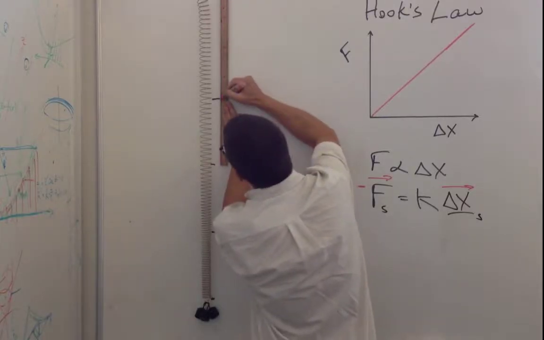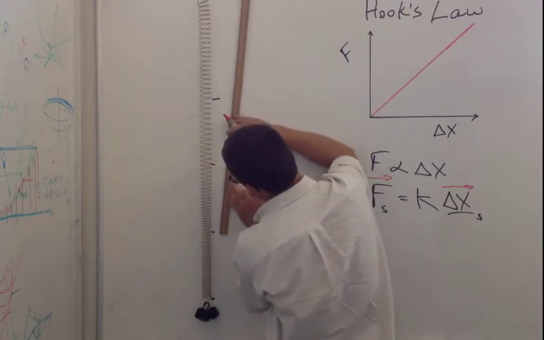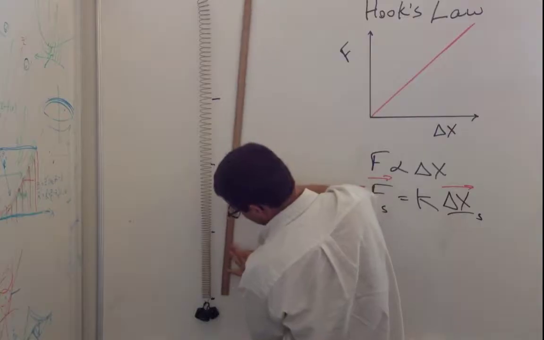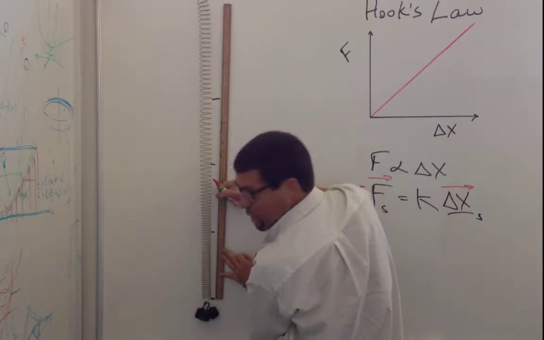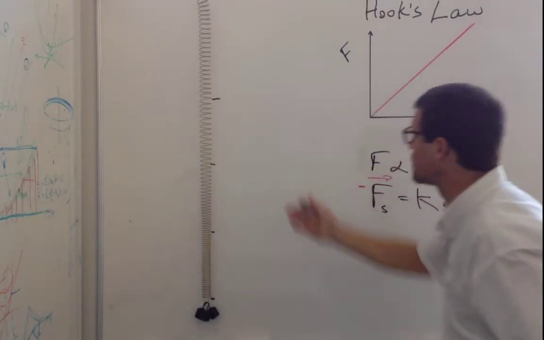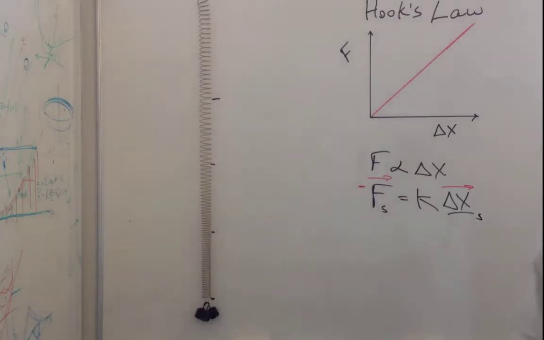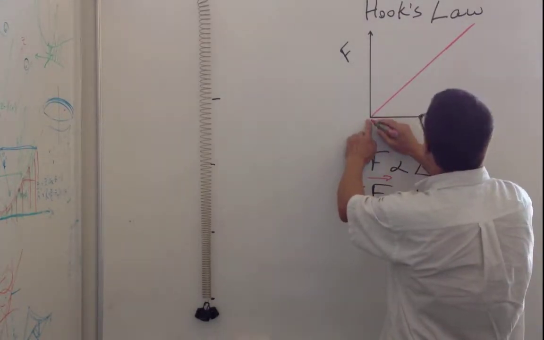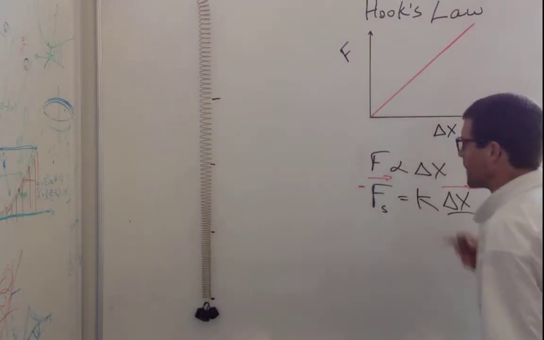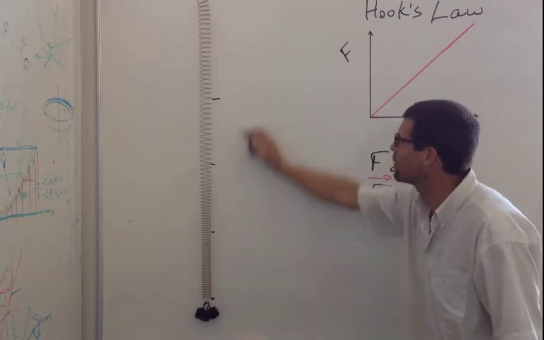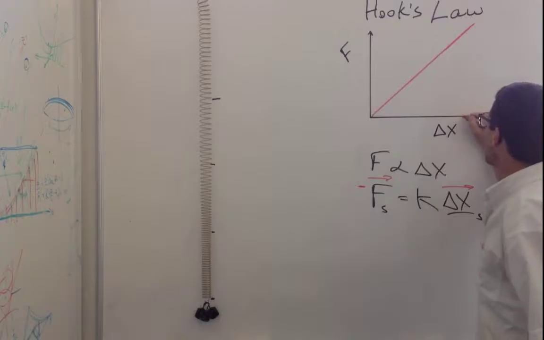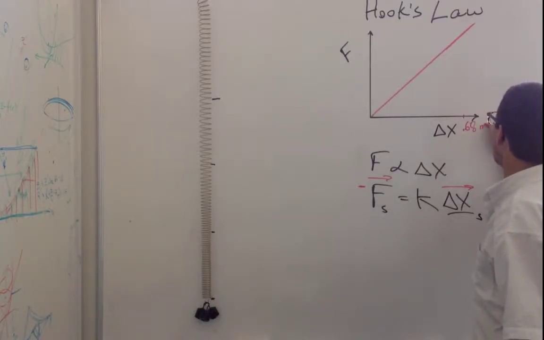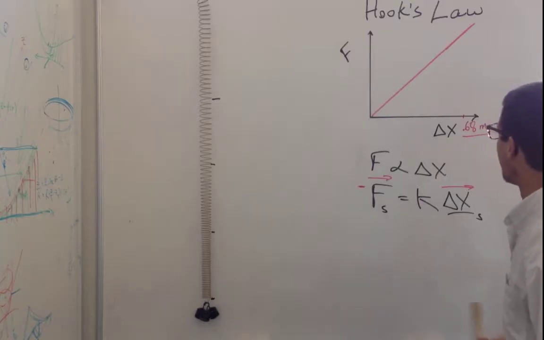And I can see each increment of mass, or an increase in force, increased the length of the spring proportionally. And so it's very reasonable for us to write that this is a proportional relationship, and we can put in the values. Delta x is 68 centimeters, or 0.68 meters.